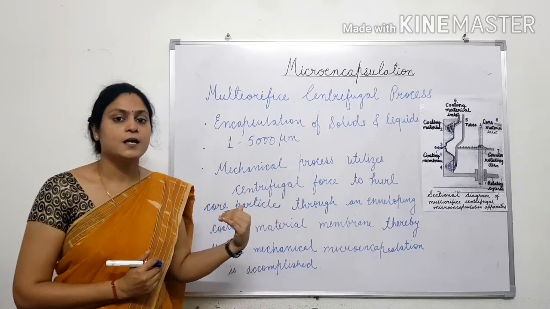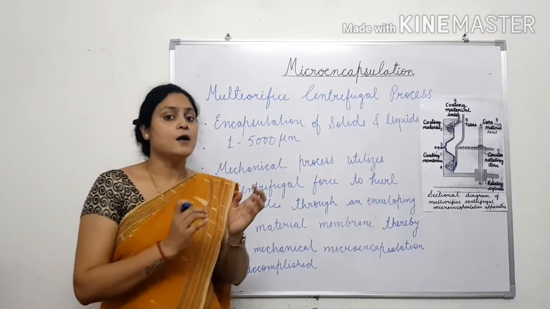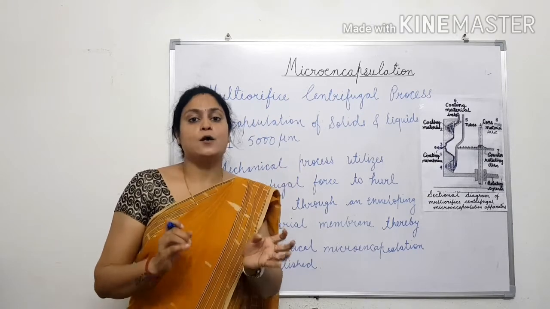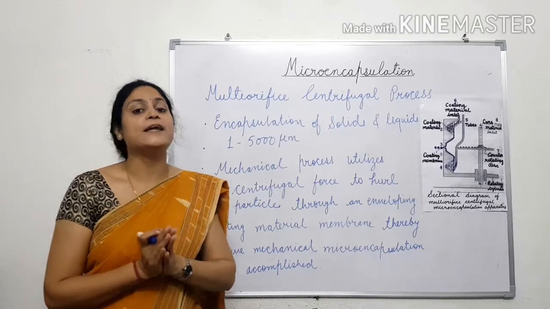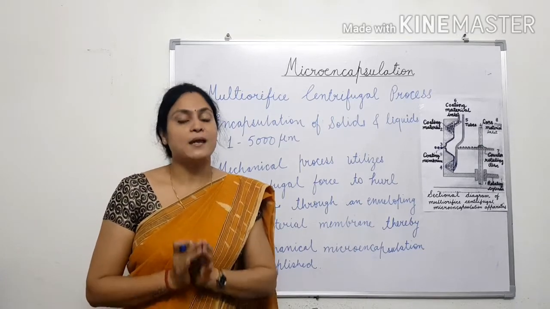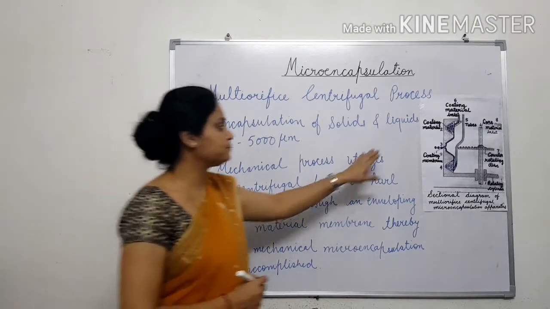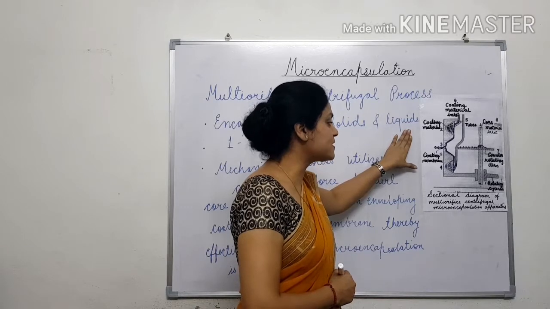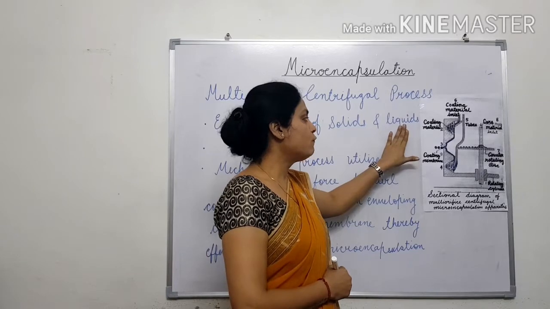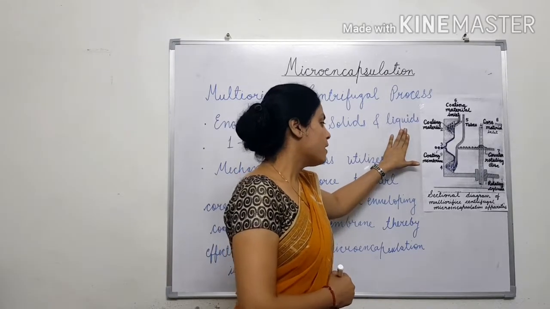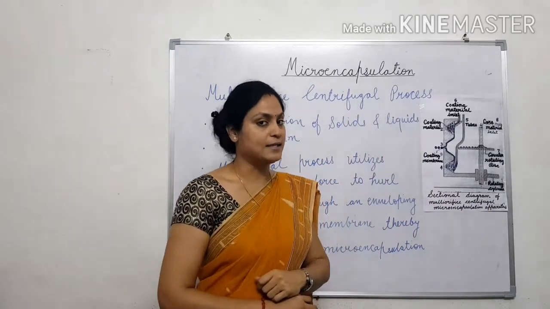In this process, with the help of centrifugal force, the core particles are forced or impacted over the envelope of coating membrane to bring about microencapsulation, or we can say mechanical microencapsulation. Dear students, this is a cross-sectional view of the apparatus used for microencapsulation by the multi-orifice centrifugal casting method.